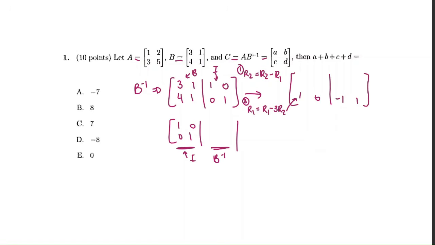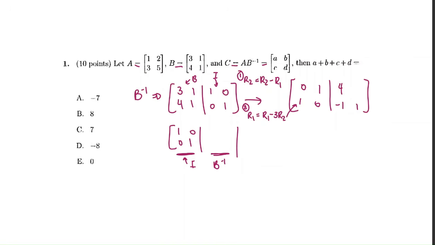And when we do that, we get 0, 1, 4, and negative 3. And then I'm going to rearrange that by swapping the first and second row, and that will give me negative 1, 1, 4, negative 3, which is going to be B inverse.